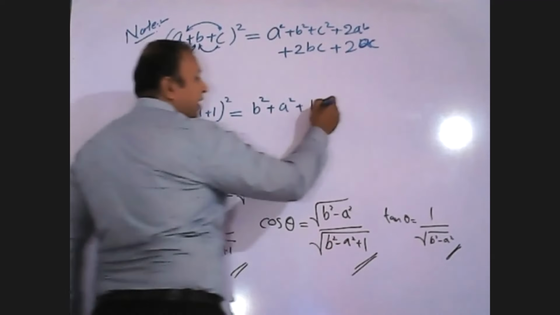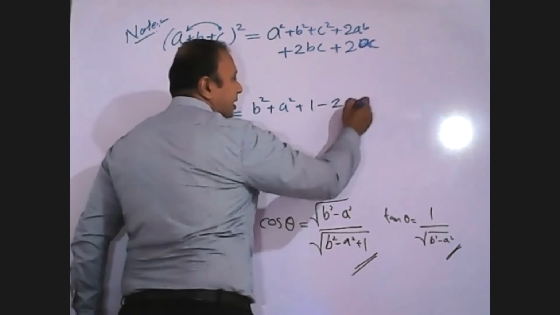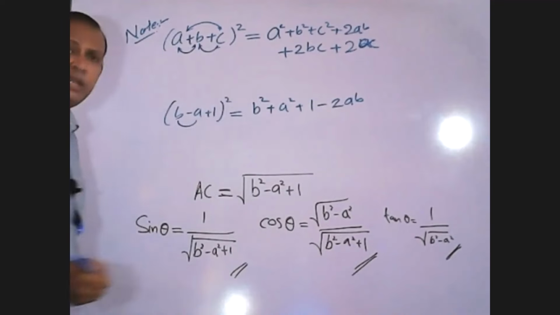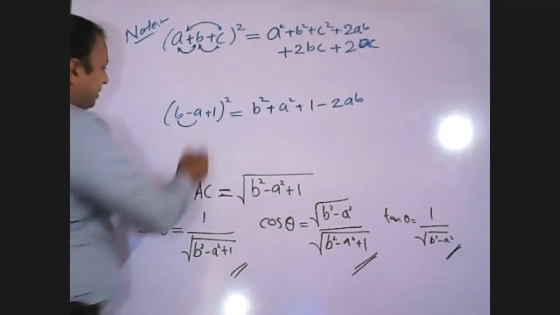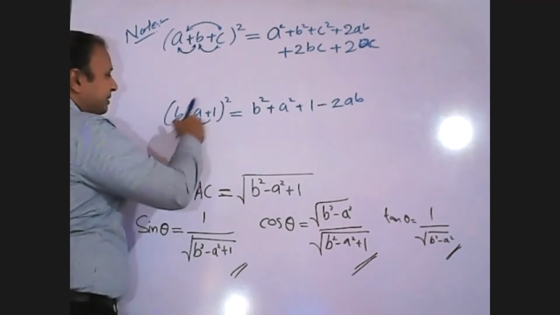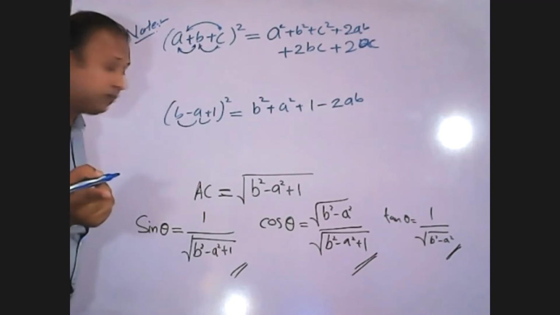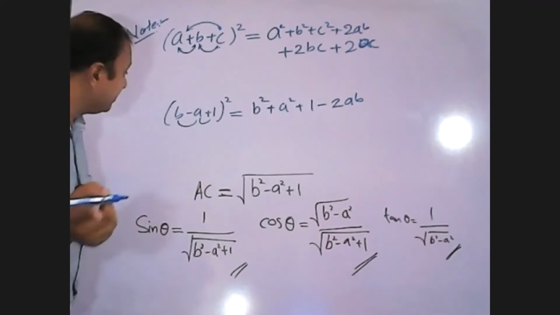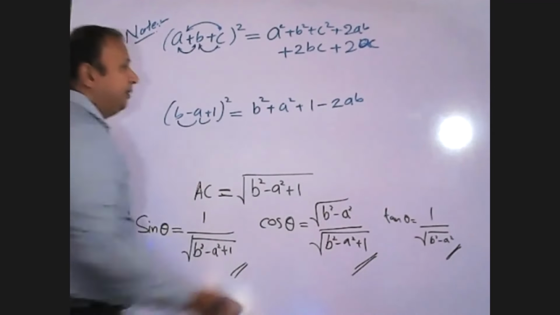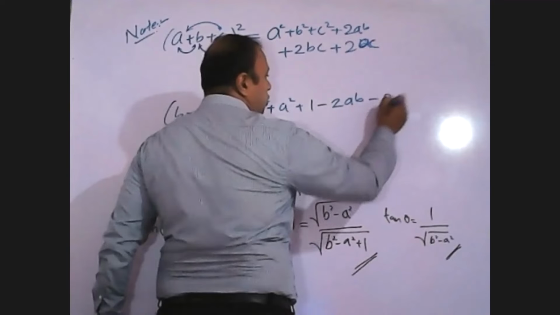Twice of minus ab means minus 2ab. Then this one and this one, minus a and plus 1. Take the multiplication of that one, that means minus a. Take twice of that one, that means minus 2a.